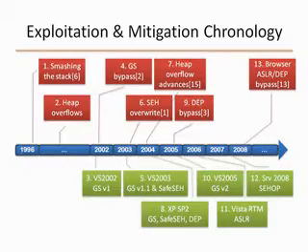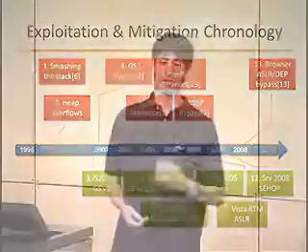Now I wanted to take a step back and show you what the chronology was for this process. If we go way back to 1996, there was the landmark paper that most folks cite when they talk about buffer overflows, which was Aleph One's Smashing the Stack for Fun and Profit. This was published in 1996. Then we had a period of time between 1996 and 2002 where heap-based buffer overflows, the techniques that were used, the heap coalesce, the safe unlinking, things of that sort, were refined.